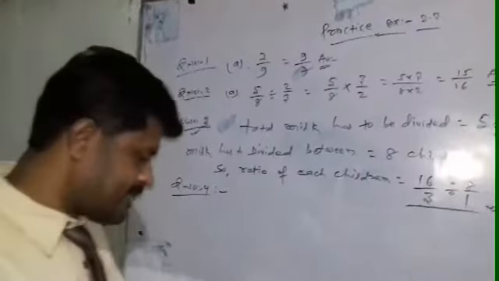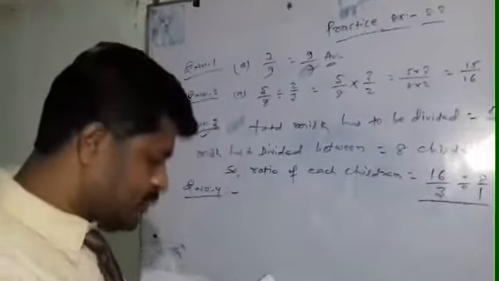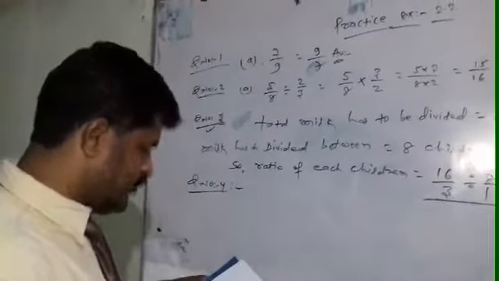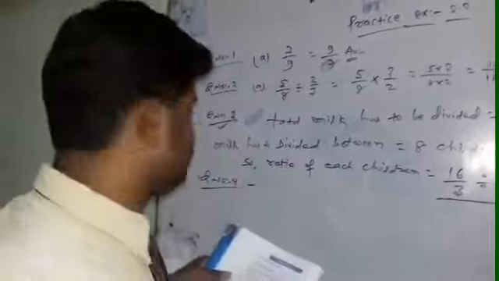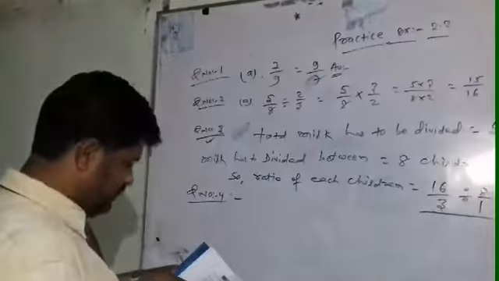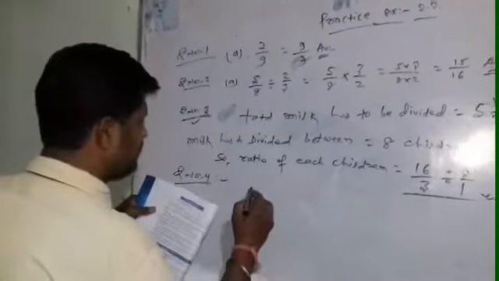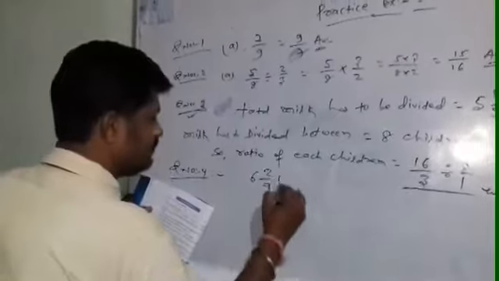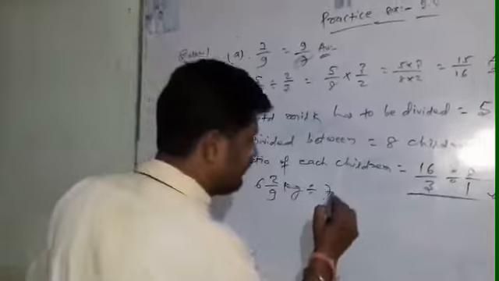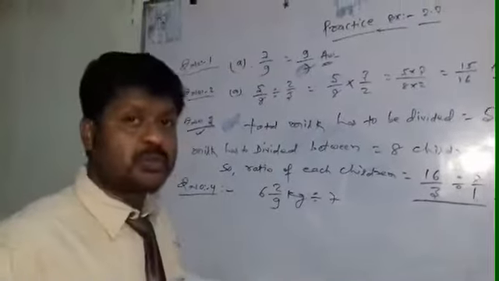Question number 4 says that if 7 identical books kept together weigh 6 whole 2 by 9 kg, what is the weight of each book? This is also division. That means you have to divide 6 whole 2 by 9 kg by 7, and the language must be written by you.